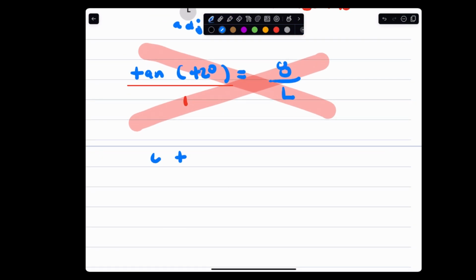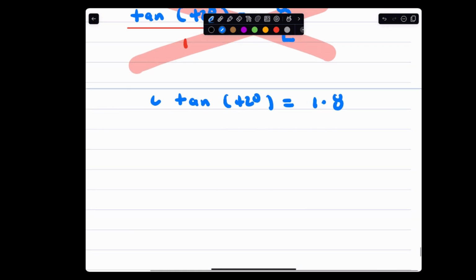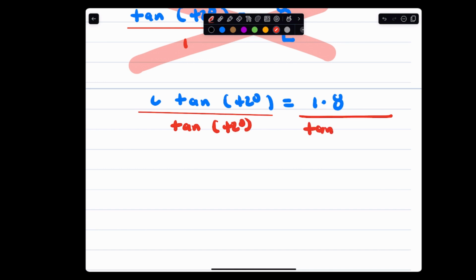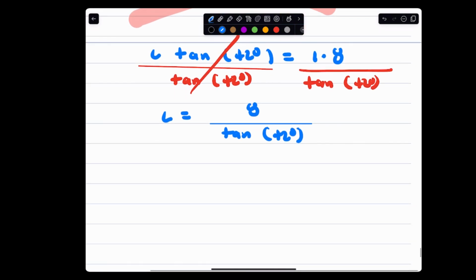L times tangent 42 degrees is 1 times 8, and I know what 1 times 8 is. We're now going to divide both sides by tangent of 42 degrees. L equals 8 over tangent of 42 degrees.